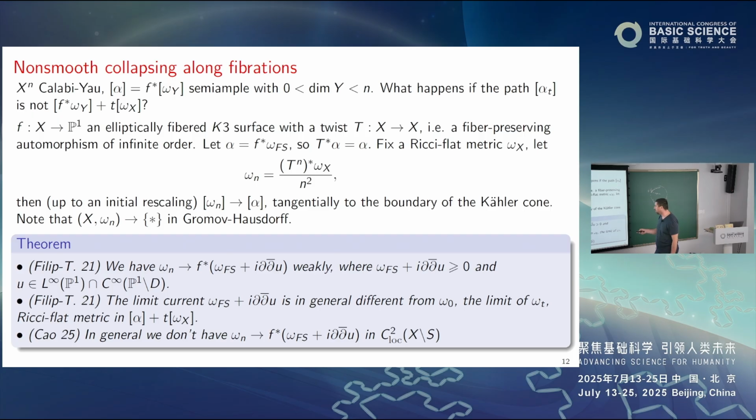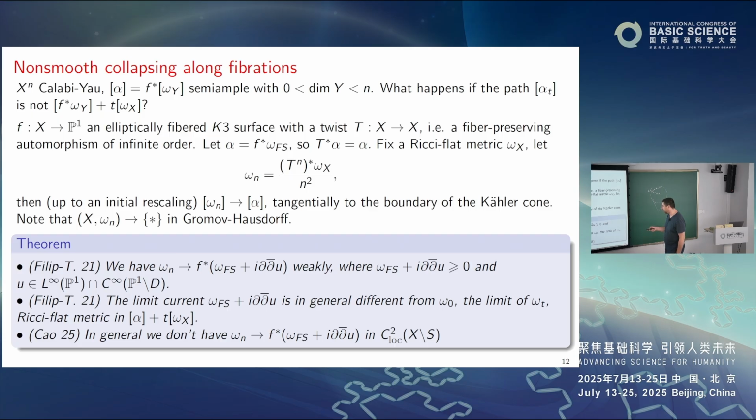So some not really metric, but so-called current of this form, Fubini's 2D plus 2 derivative of function u, but u is not smooth. U is smooth away from the images of the singular fibers, but it's only bounded globally. So 2 derivatives of a bounded function is not a pointwise object. Nevertheless, that's the weak limit.